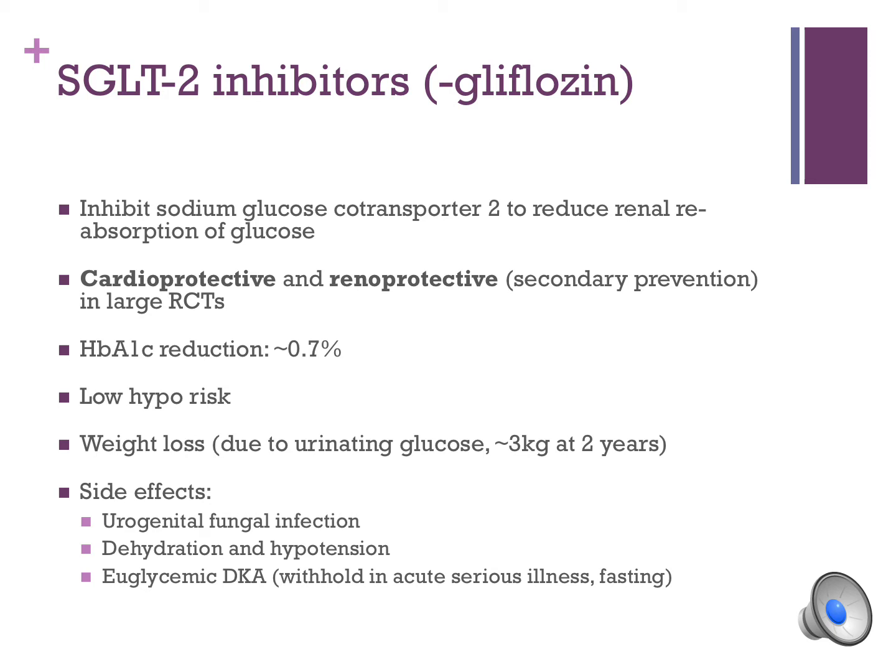This is quite an exciting drug, given that in recent years there have been many large randomized controlled trials that have demonstrated additional cardioprotective and renoprotective properties of this class of medication, which is why in guidelines it is now recommended second line after metformin in patients with existing cardiovascular disease.